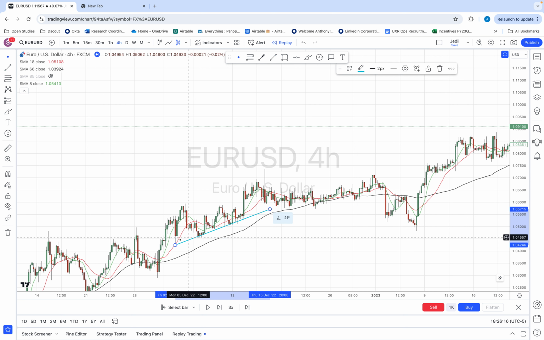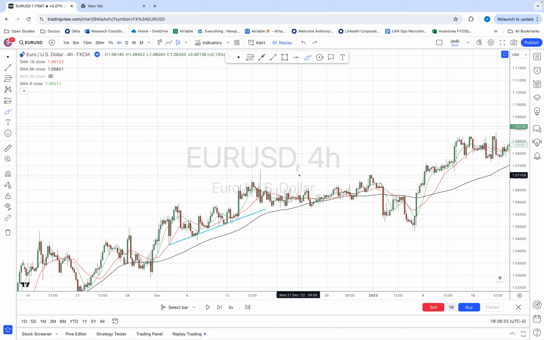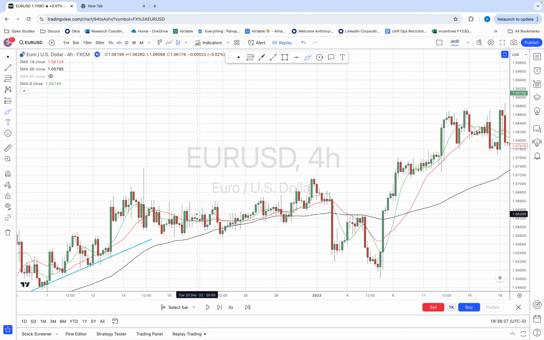See how the market came up and it's bouncing off of it, bouncing off of it, bouncing off of it. If this was a support level and we just move this down, it'd be the same concept happening. The market would have just came, bounce, bounce, bounce, bounce. So it's the same concept as support and resistance levels. Yeah, this is a pretty sloppy pair.